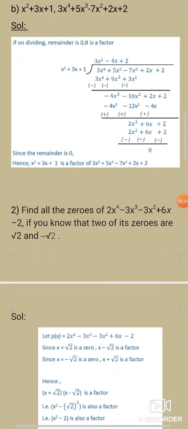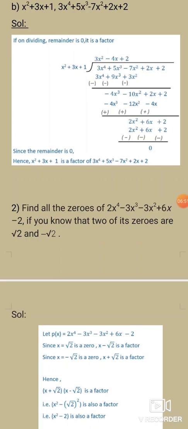Then a plus b into a minus b is equal to a square minus b square, is also a factor. So x square minus root 2 square is what? 2. Now the common factor is x square minus 2.